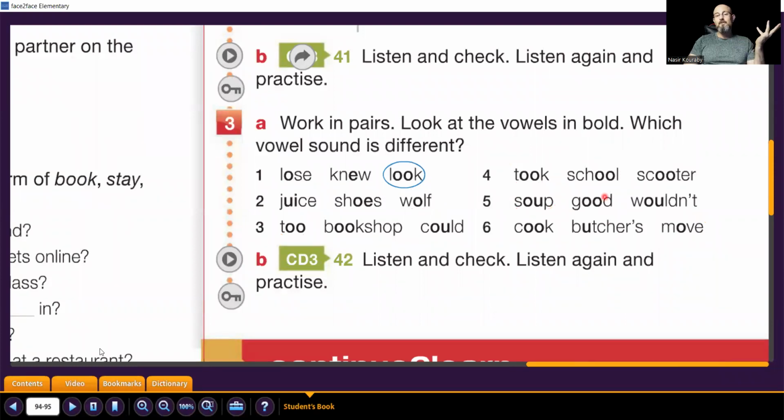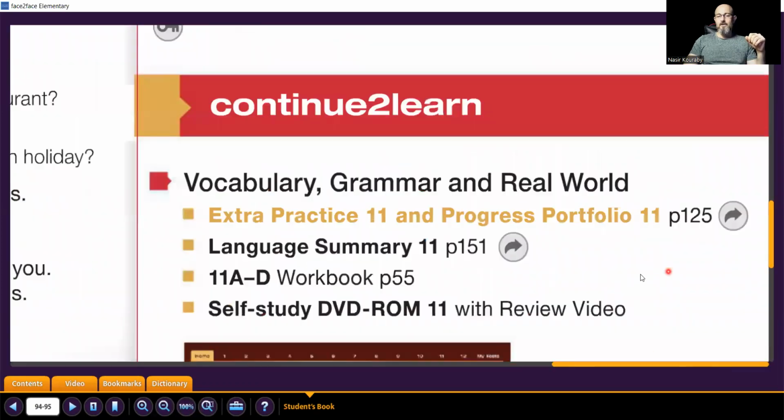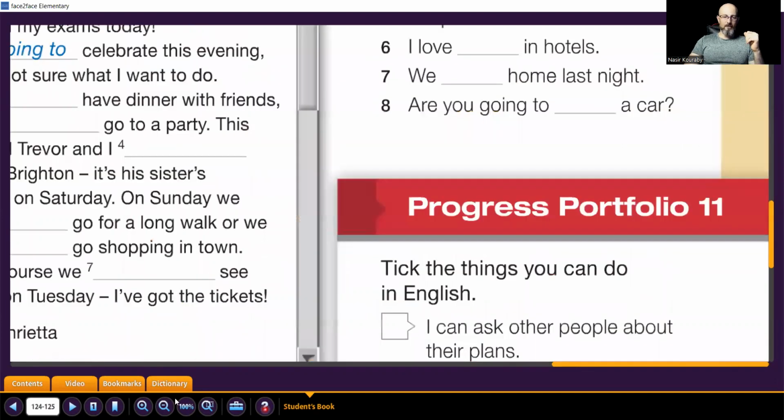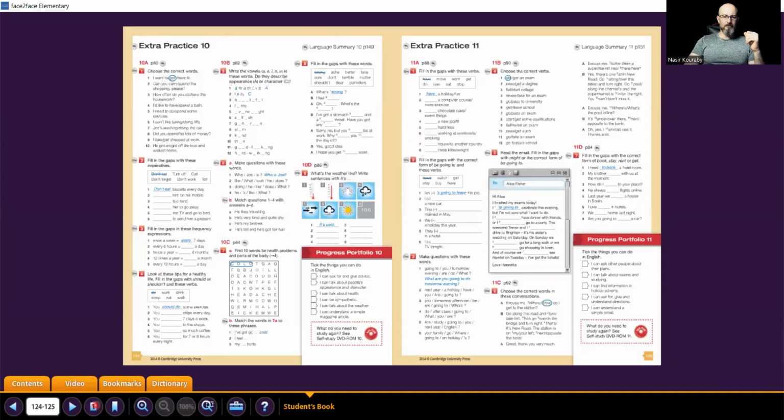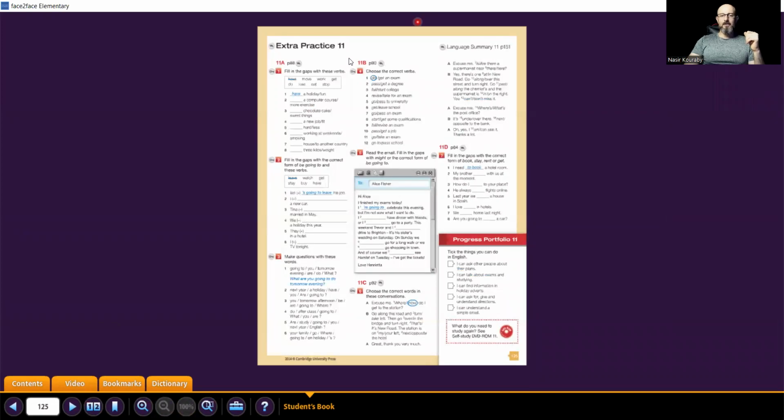Okay, guys, so now we finished this unit. Okay, this lesson and this unit 11. And you know, after we finish the unit, we have the extra practice, page 125. Let's go and see. Number 11. Okay, so this is extra practice number 11. If you have the book, it will be a good idea if you do it. Okay, so I will make it a little bit big here.